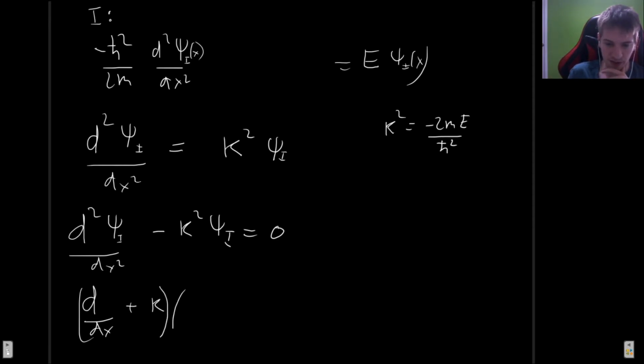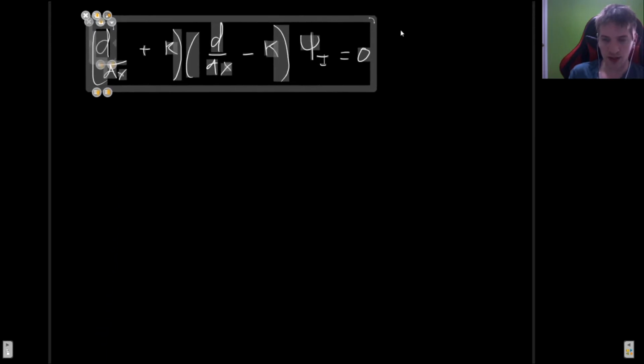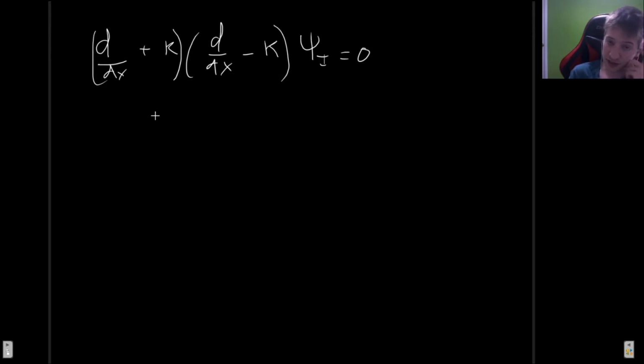I like to do it like this, as we have discussed before, just expressing this as a multiplication of these two products right here. So from here we got these two differential equations that will give us the two linearly independent solutions.